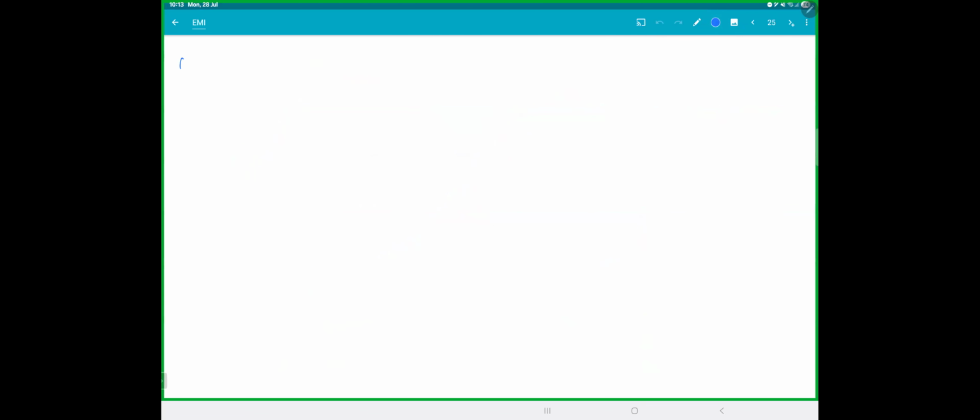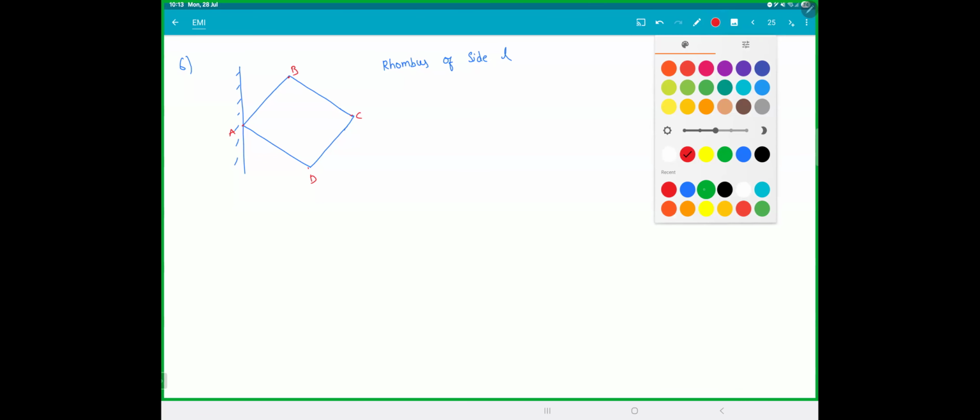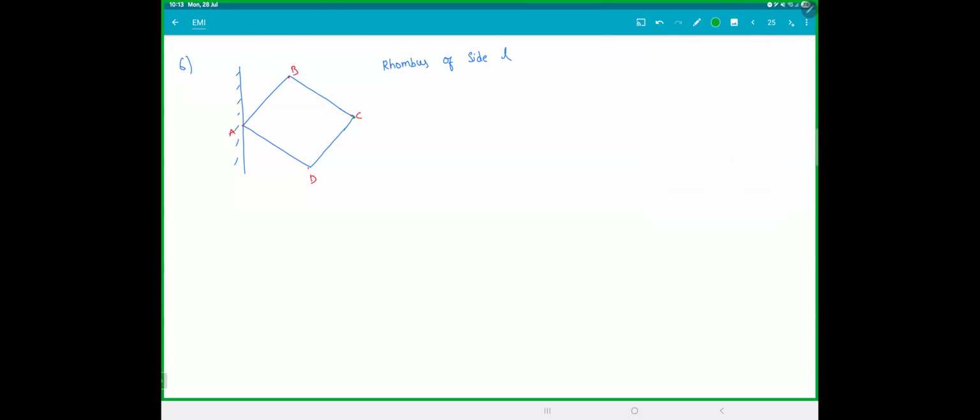Next one. We have a rhombus here of side L, with corners A, B, C, and D. Then someone started pulling this with speed u.